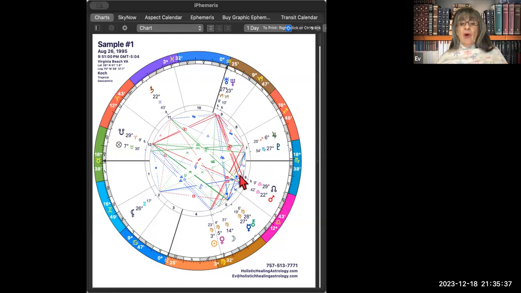And then we have all these lines on the inside with glyphs, more symbols, because astrology is a symbolic language. We have the aspects or connections between the planets.